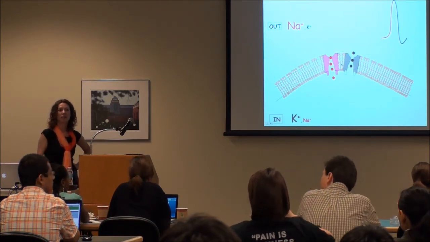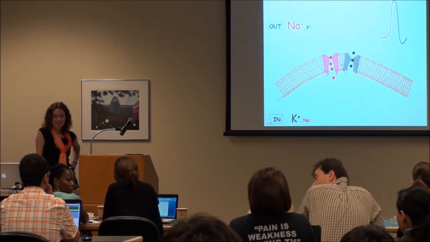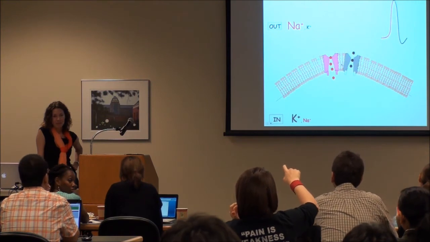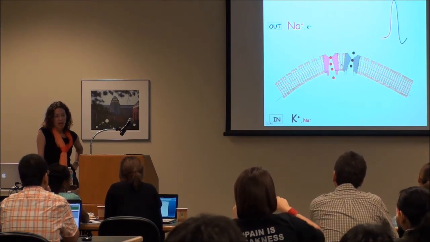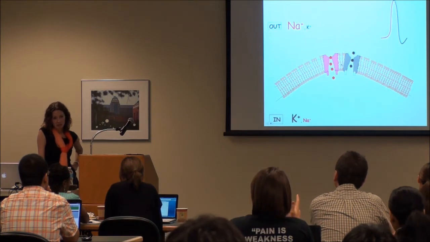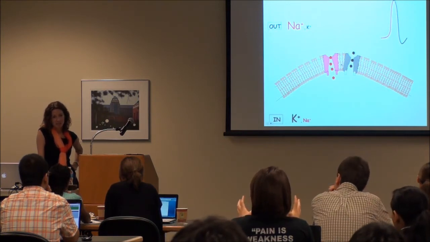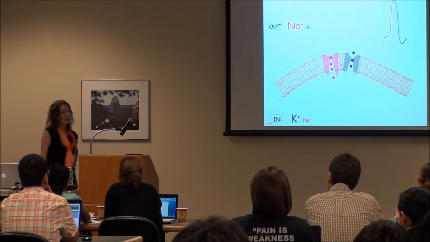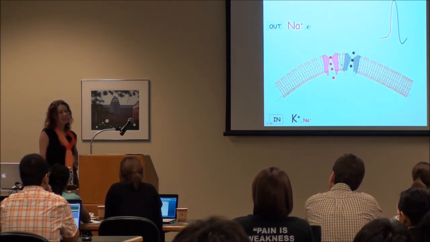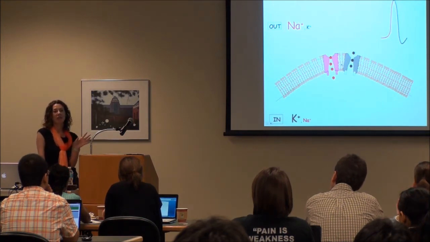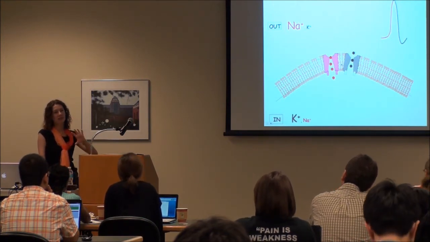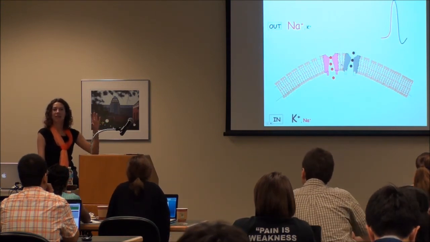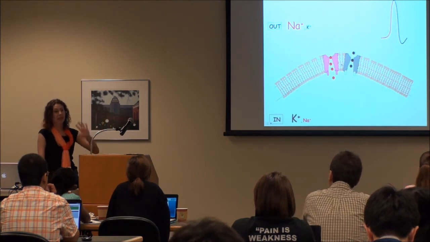Yes. Sorry, at the end there's more potassium outside, and at the beginning there was more potassium inside. Are there other channels that reestablish that, or does the body just count on there being enough ions in solution that it's not significant? So this is complicated. Your solutions are always going to be electroneutral. You're not going to have positive solutions or negative solutions.